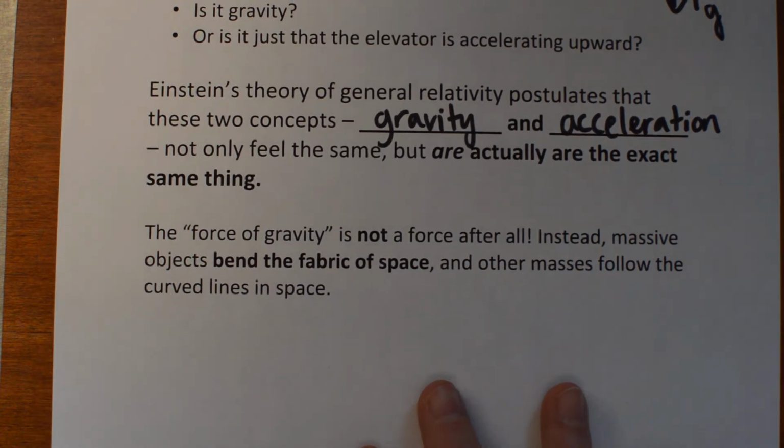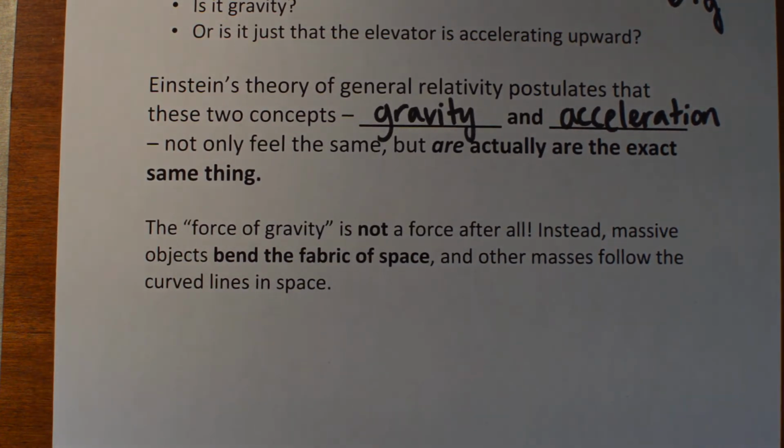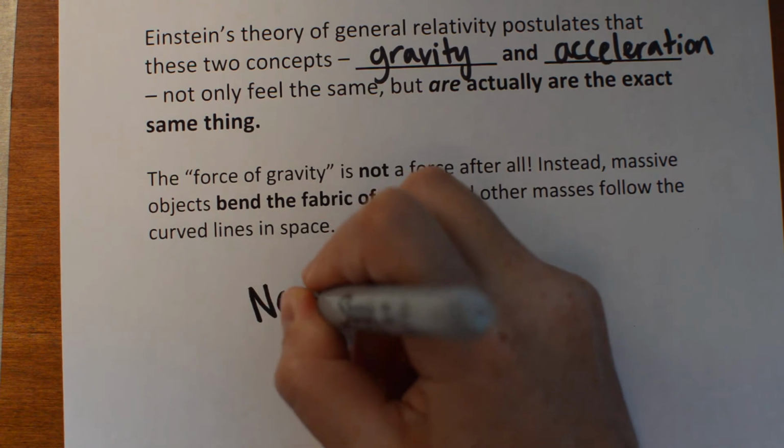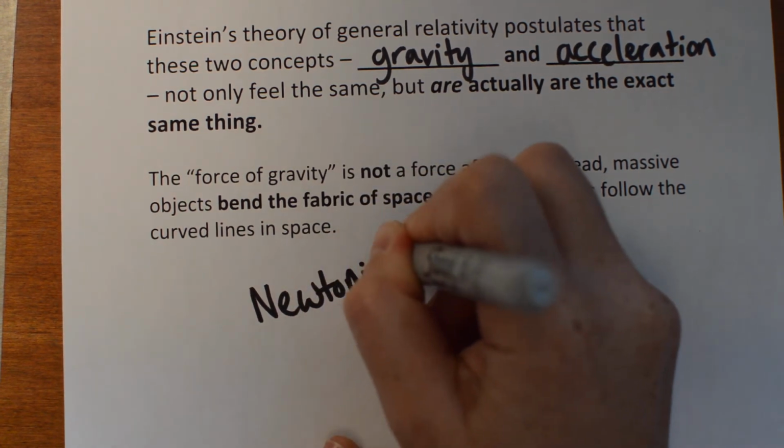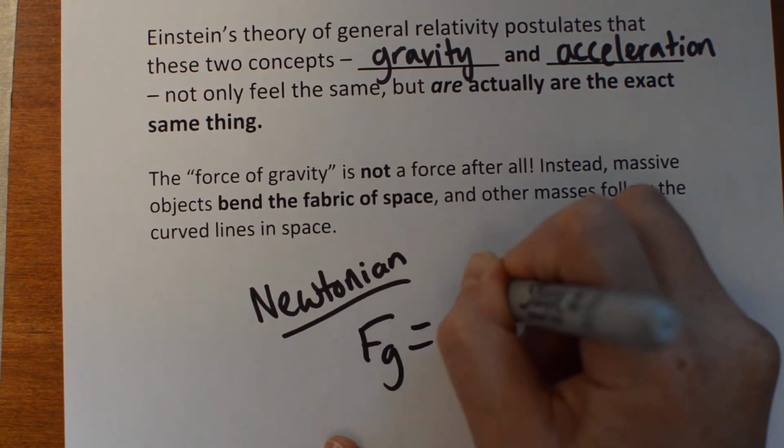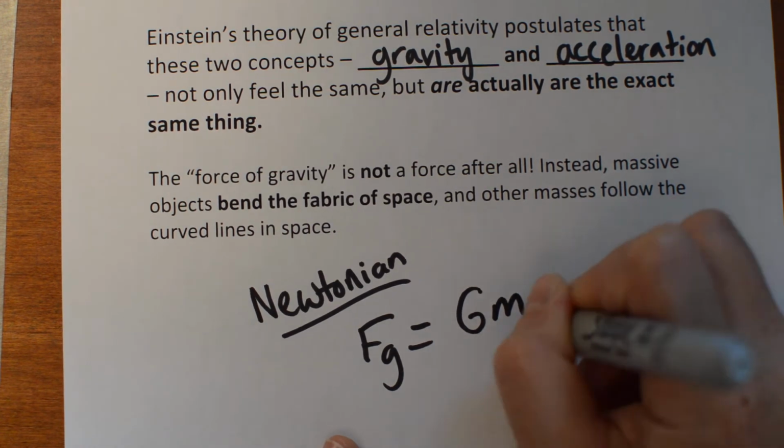So his idea was that maybe the force of gravity isn't actually a true force. Maybe it's just that massive objects bend the fabric of space, and then other massive objects around them will follow curved lines in space and behave in the ways that we've been predicting using equations like the Newtonian equation, Fg is G m1 m2 over d squared.